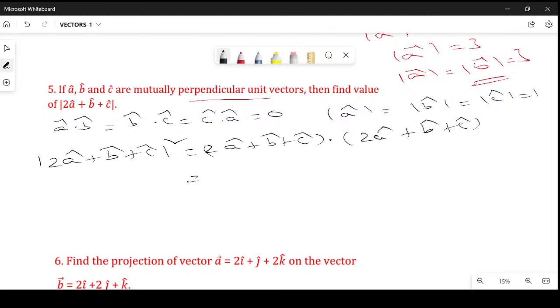Now if I expand this, you will get 4 into a cap dot a cap.